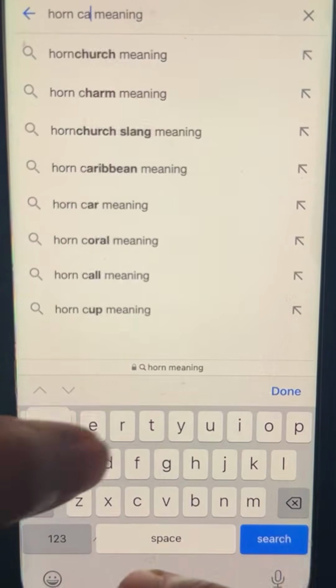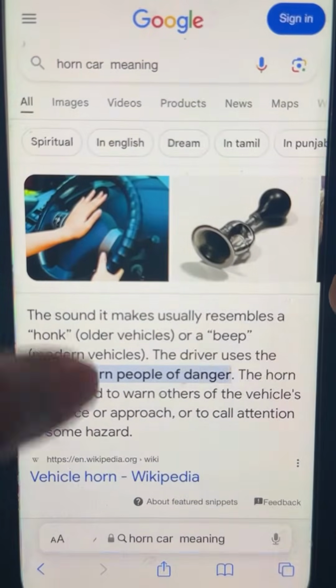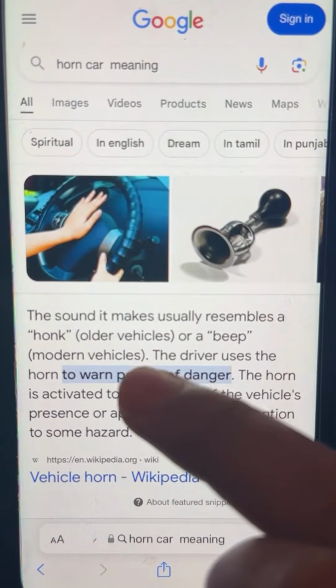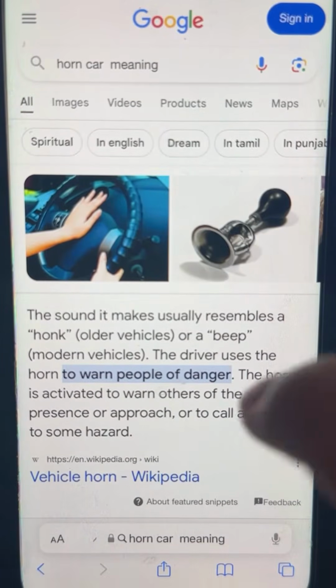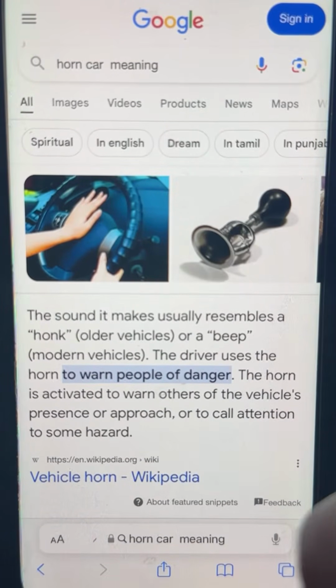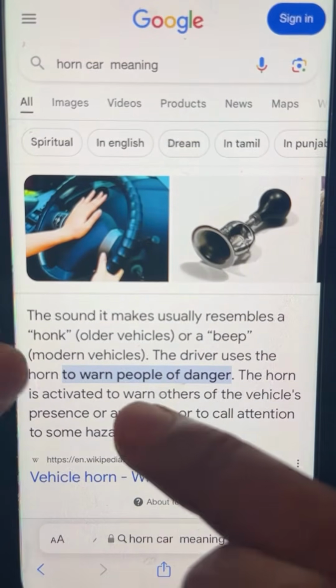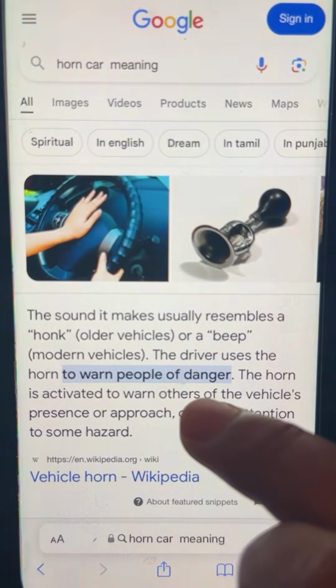Car. Yes, this is the horn. It's the voice, the sound, beep, beep. I don't know how to explain it. The driver used the horn to warn people of danger.